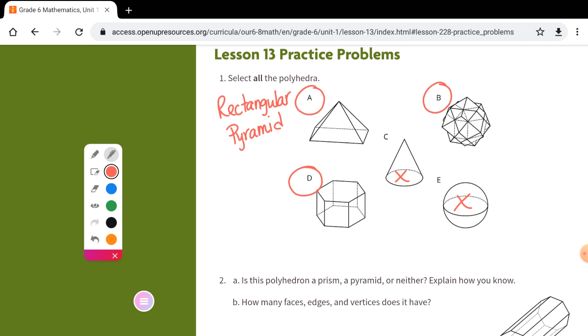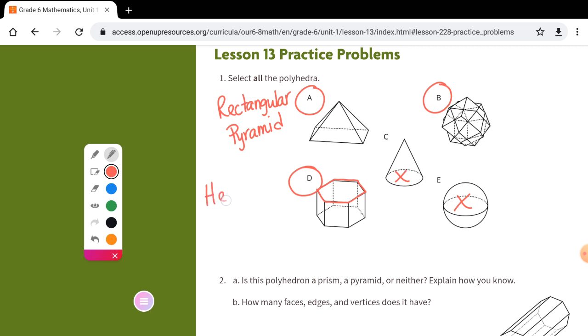Ethan, give it a shot. Hexagon. Okay, so hold on. He's saying hexagon because he sees this top shape is a hexagon, and he is correct, but a hexagon is a 2D shape, and this is a 3D shape. So he's partially correct.